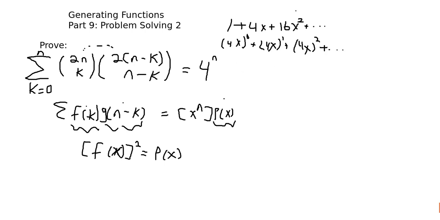So this polynomial is actually just equal to 1 over 1 minus x, but instead of an x, we have a 4x. This is our generating function for powers of 4.